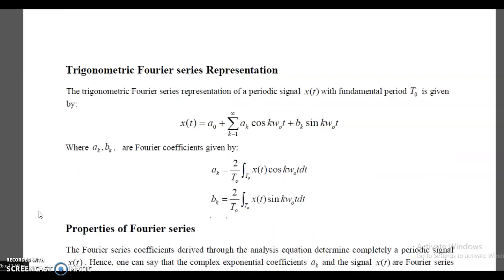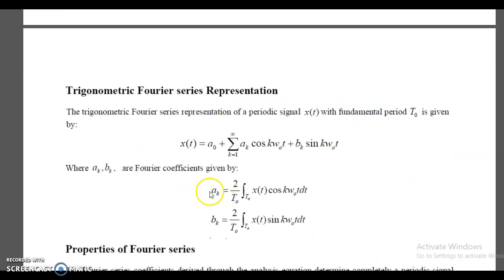Okay. So here another important concept comes in, that is related to the even and odd functions. In order to model the odd functions, we use all the sine terms, and in order to model the even functions, we use all cosine terms. So you can say that for the even functions, b k's are 0, and for the odd functions, a k's turn out to be 0.